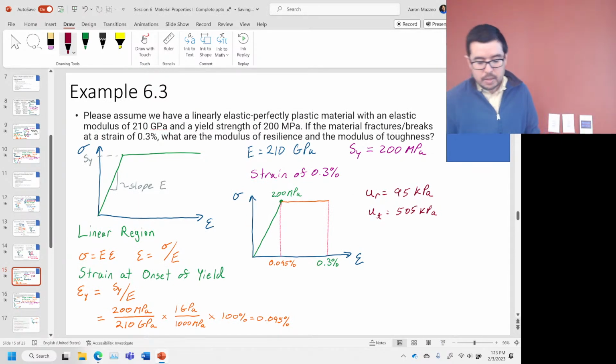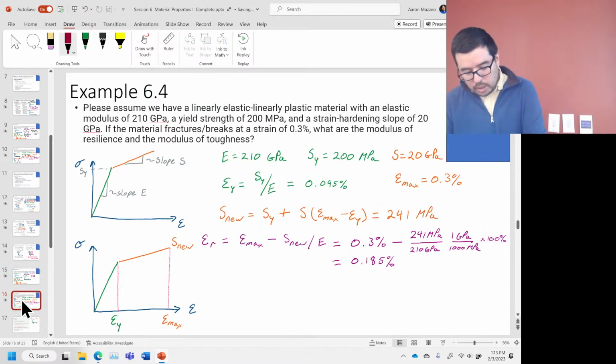Great. Pretty straightforward, right? Since we're running low on time, we'll go through this one very quickly. It's the same as what we just did. The modulus of resilience is not going to change here. It's going to be the same.